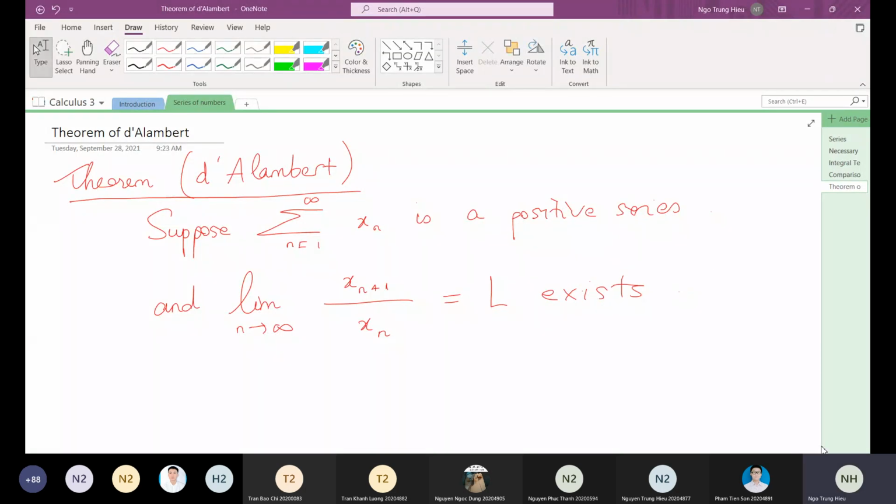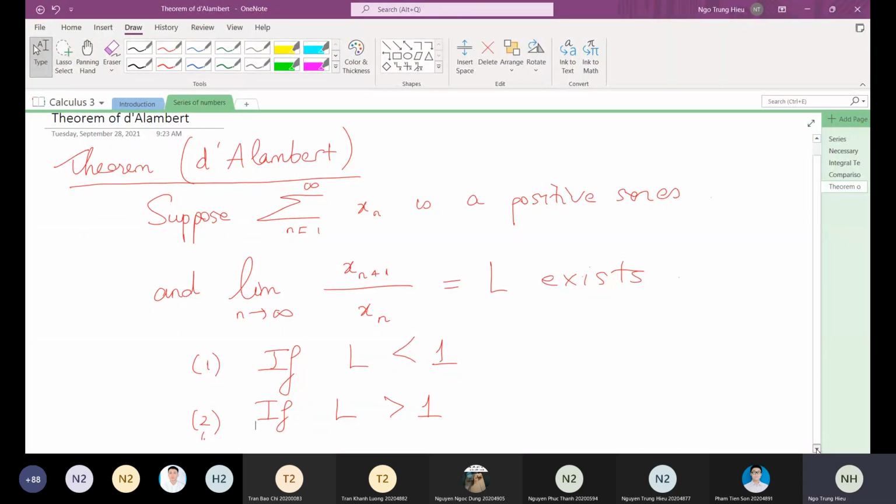So we consider three cases, right? The first case is if L is less than 1. The second case is if L is greater than 1. And the third case is if L is equal to 1.